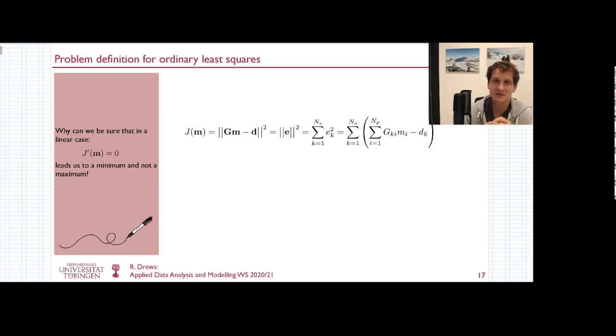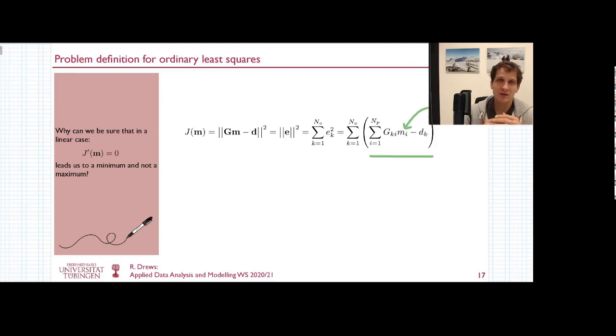Why is this not the case? You can recognize it here. It's because we are in the linear case. So however this sum here looks like for the specific problem, we don't really care. We know that the highest order of model parameters can be model parameters squared.